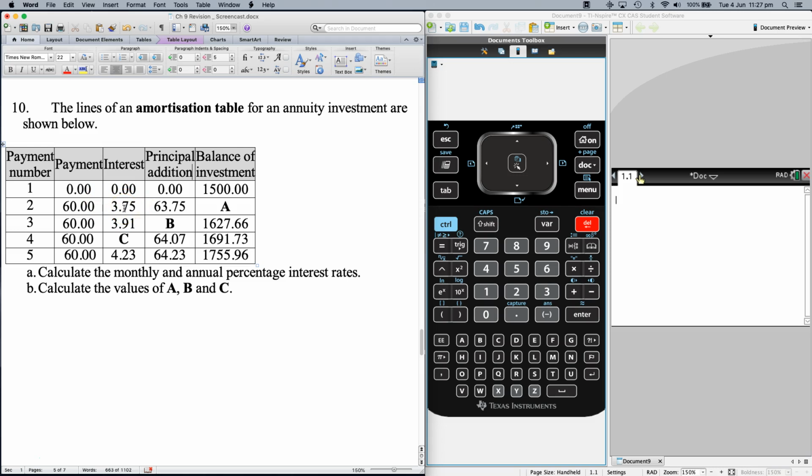That will allow us to work out that interest rate. So if these payments are monthly, then 3.75 divided by that 1,500 and multiplied by 100 will give us that rate, okay?